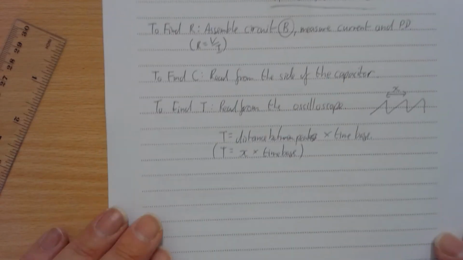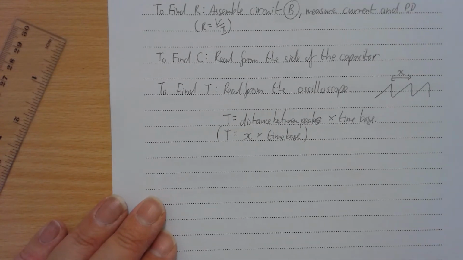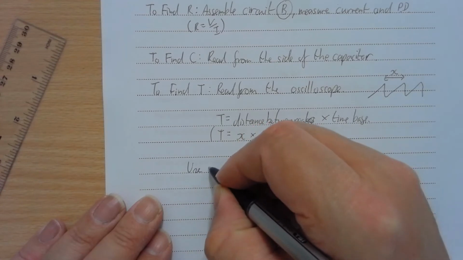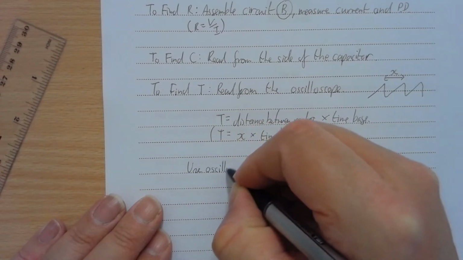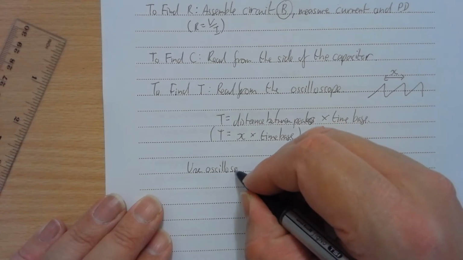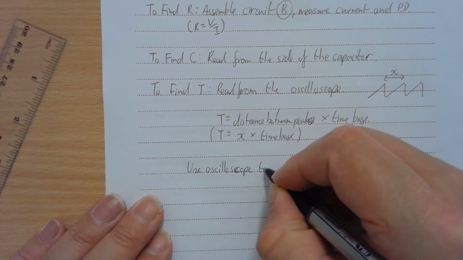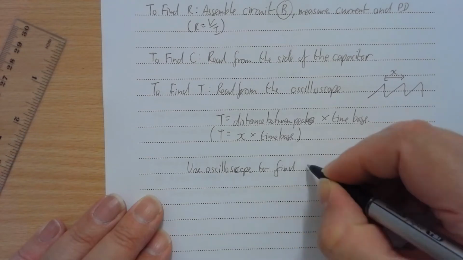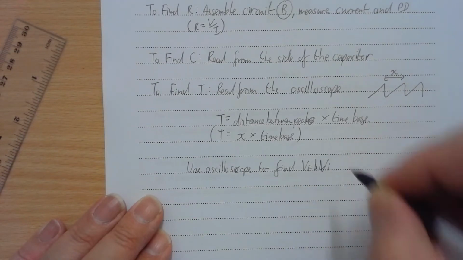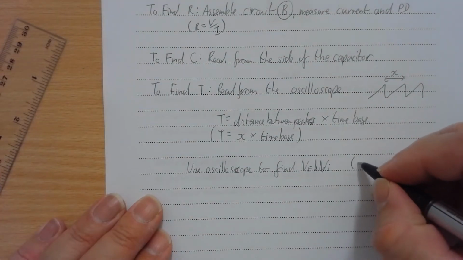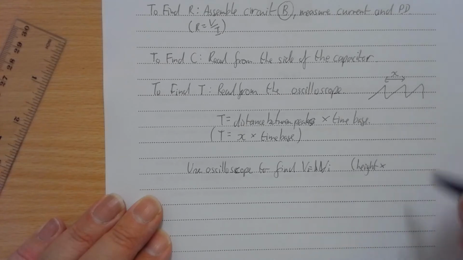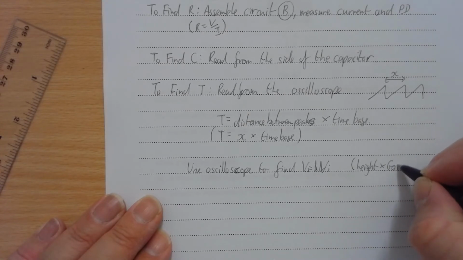So we could use the oscilloscope to find VF and VI, because don't forget, it is a voltmeter. And it's going to be the height of the peaks multiplied by the gain.